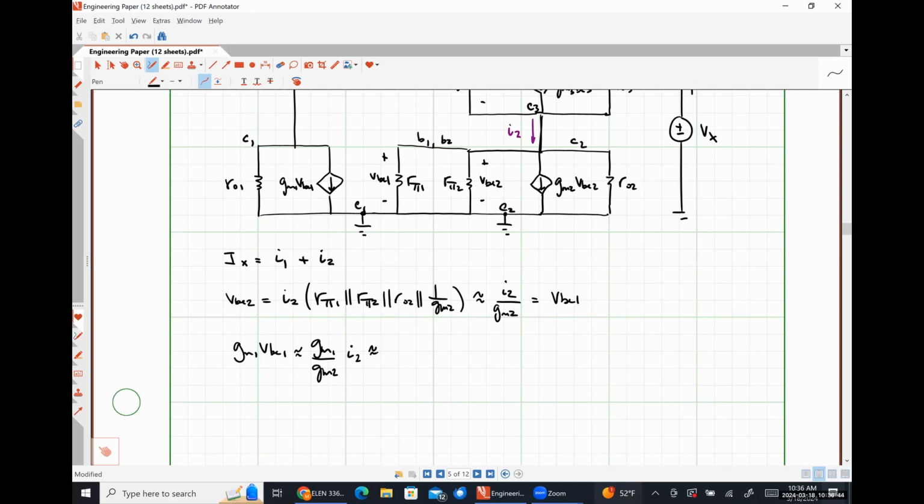And if transistors 1 and 2 are matched, then their transconductances should be the same. So GM1 times VBE1 is approximately equal to I2.